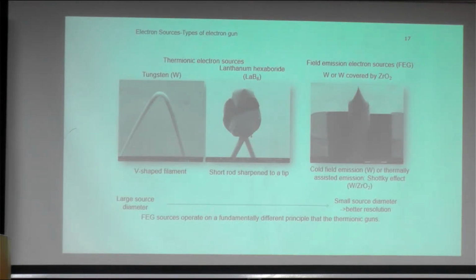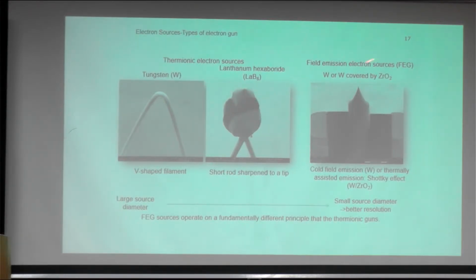So why do we need different sources? As you can see here, this is the large diameter of our sources, and this is the small diameter of our sources, and it affects the resolution of our system, because this is the first part of our TEM. Here we have the resolution on average, maybe you can reach 0.2 nanometers here, and here like 1 or 2 nanometers, depending on the system, of course, the lens system.